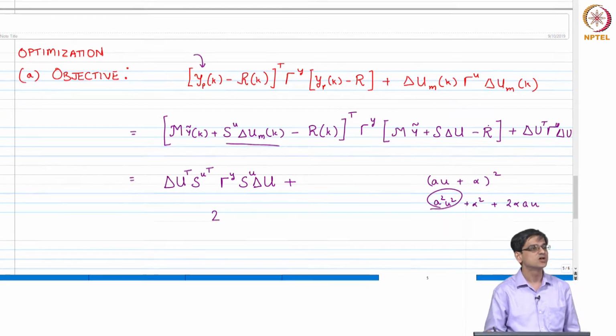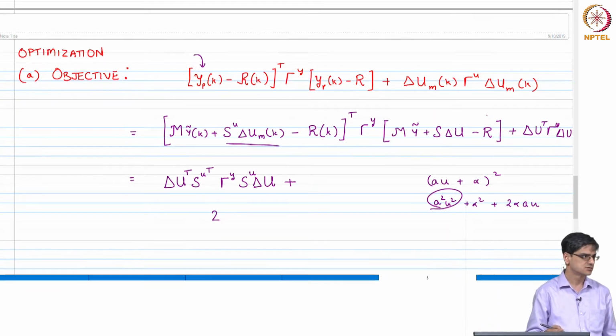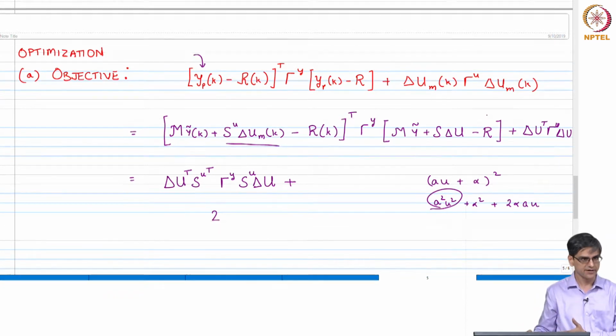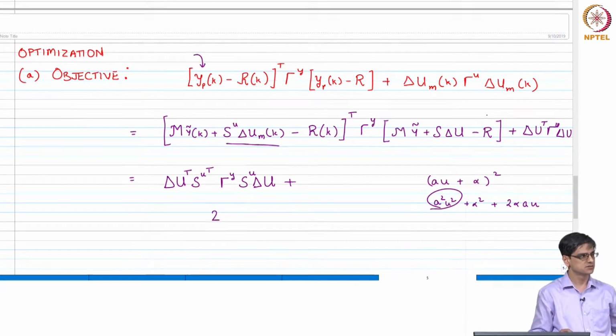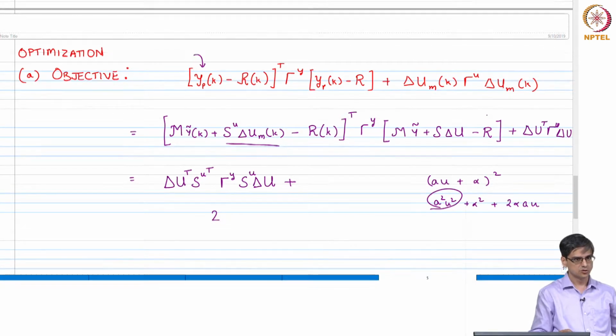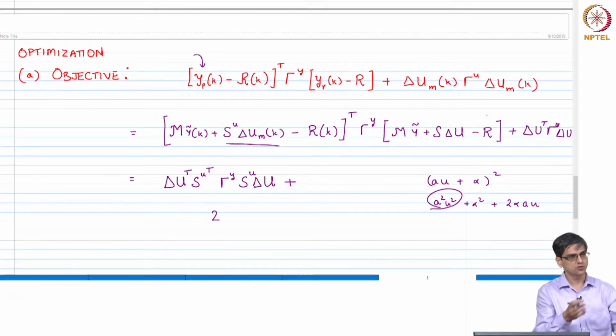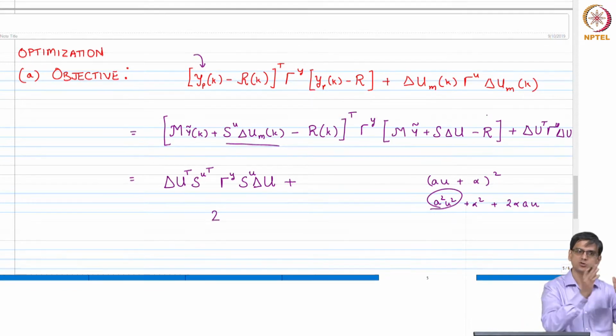Okay. Because they are scalars, A transpose B is equal to B transpose A. Why? Because A and B are both n by 1 matrices. So, 1 by n multiplied by n by 1 matrix will be 1 by 1 scalar. If you have A transpose B or B transpose A, it is going to give you the same result. Why? Because it is a scalar.